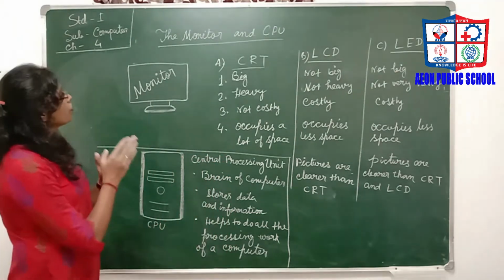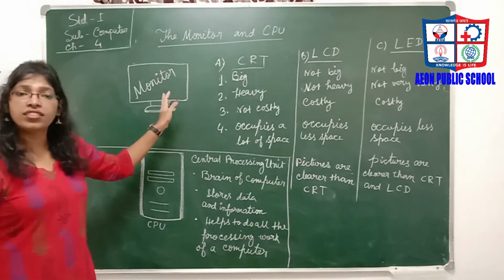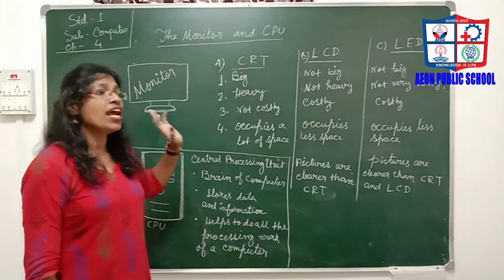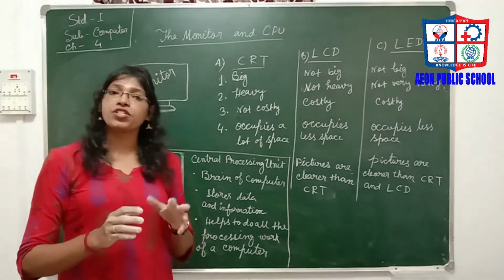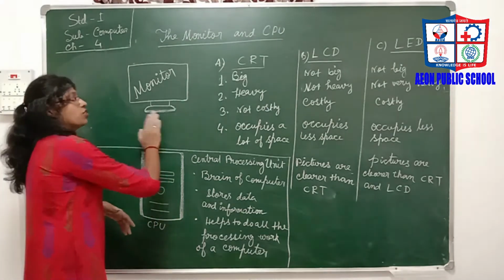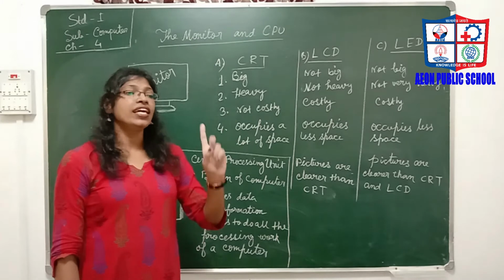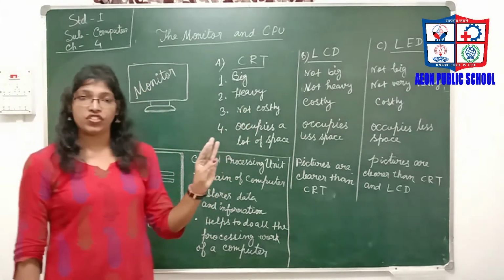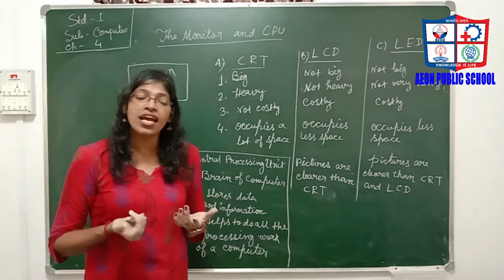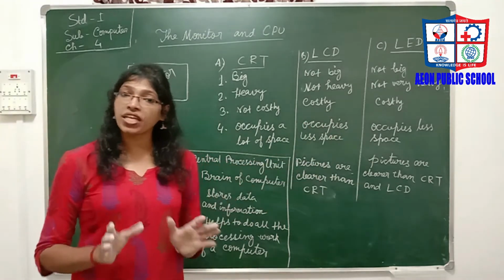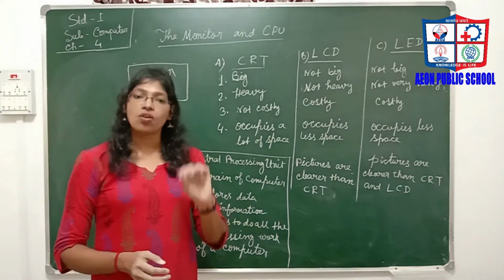So in this chapter we have learned about the monitor that looks like a TV screen, and whatever work we do on a computer will show through the monitor also. There are three types of monitors: CRT, LCD and LED. A CRT monitor is big in size, heavy, takes a lot of space, and is cheap.